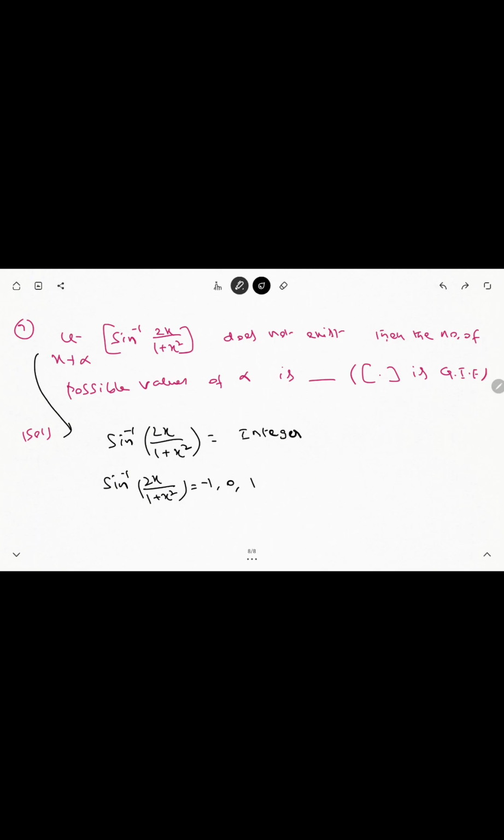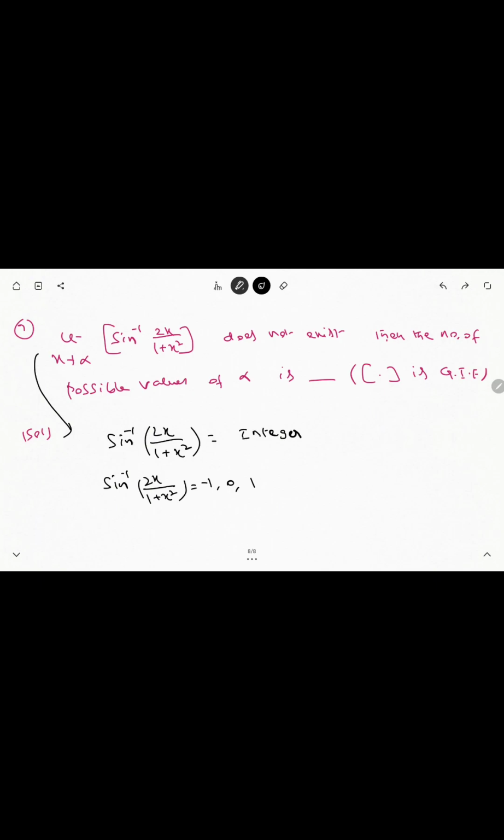Pi by 2 means 1.57. Correct? So what are the integers between minus 1.57 to 1.57? Only 3 possibilities are there. We cannot write 2, 3, 4 like this. So this value must be minus 1 or 0 or 1.